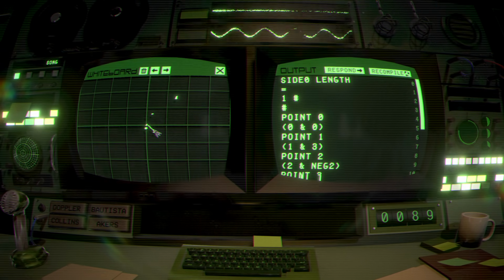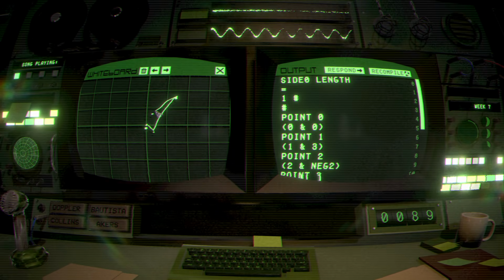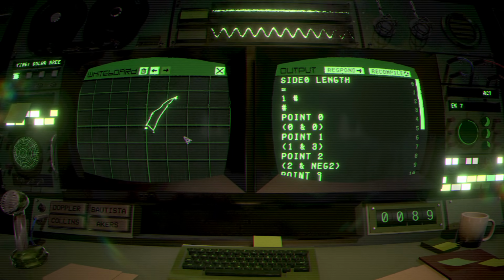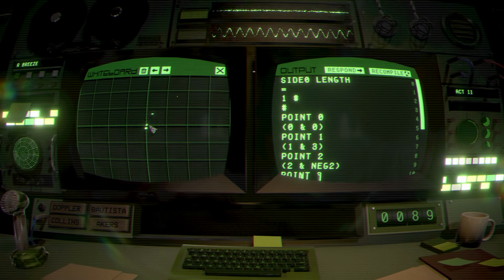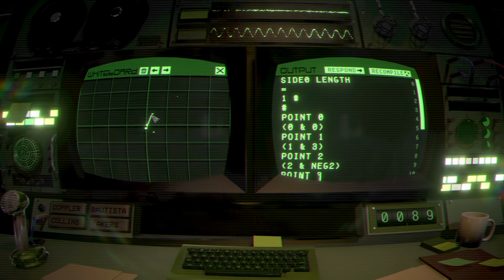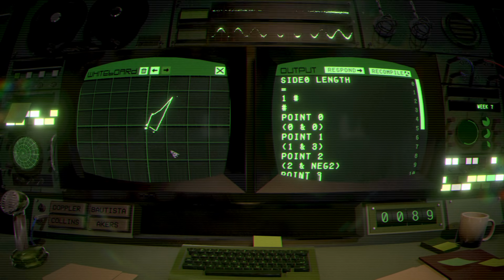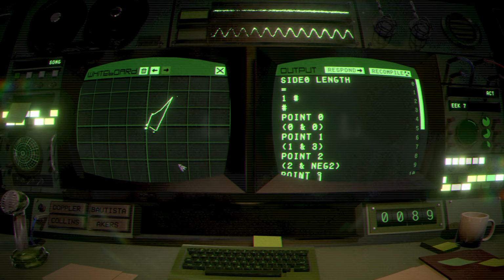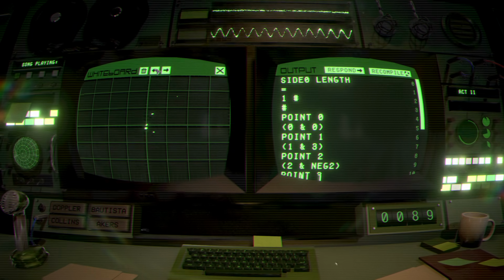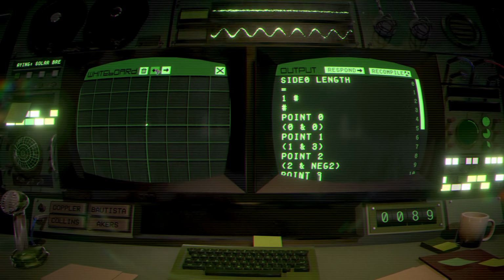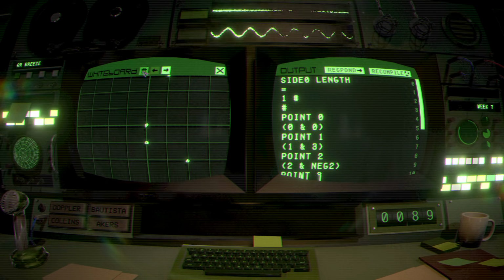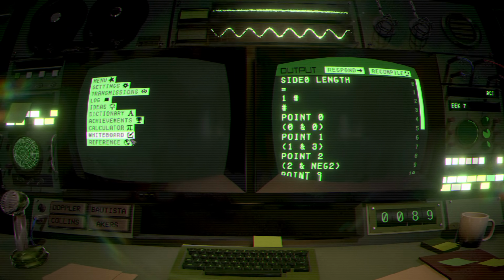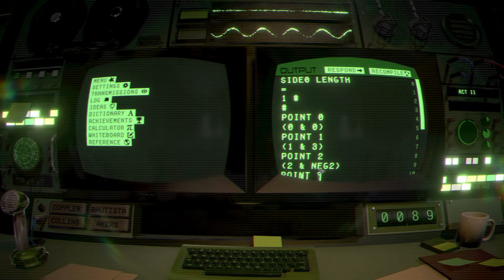Let's assume 0, 0 is just a red herring. And then, I mean, what?